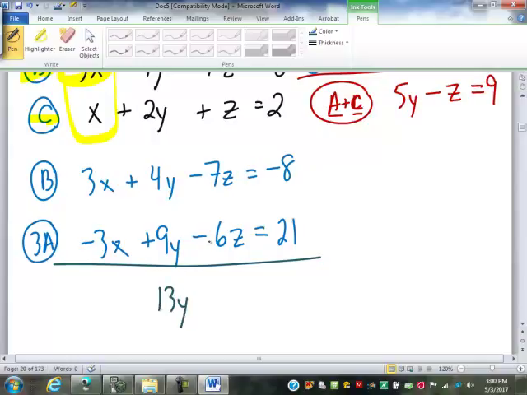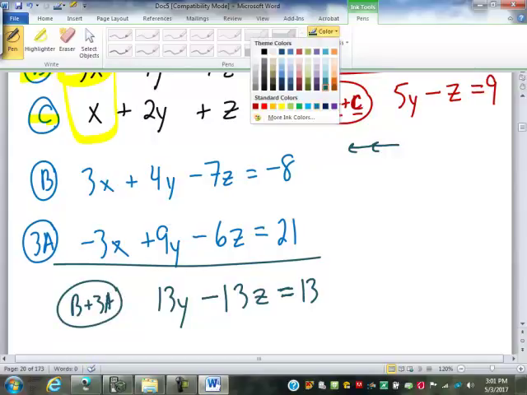Negative 7z and negative 6z, careful, make negative 13z. Then negative 8 plus 21 is 13. So that's B plus 3A.